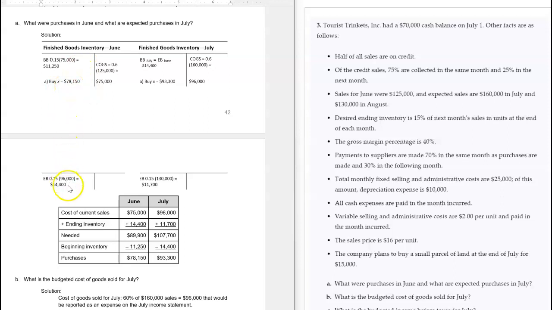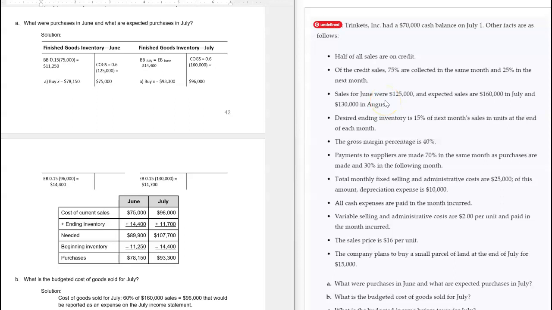So what do we have here now? Oh yeah, 14,400. Let's go down to here. We've got cost of current sales, plus ending inventory gives us how many we need, minus beginning inventory is how much we had to purchase. Our cost of current sales was $75,000, and that's 125 times 0.6.